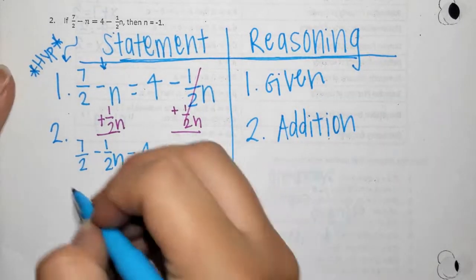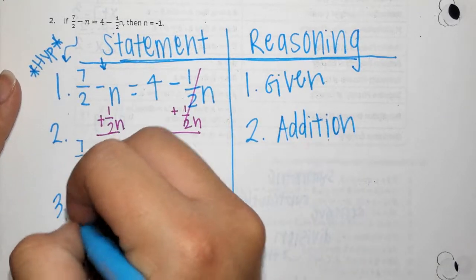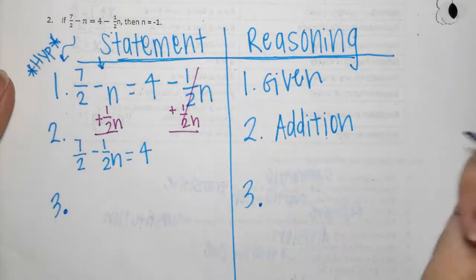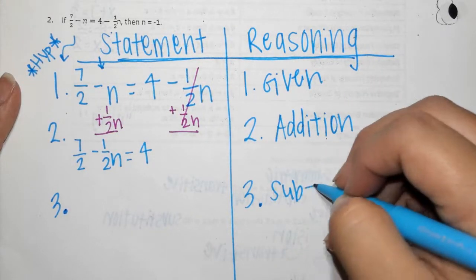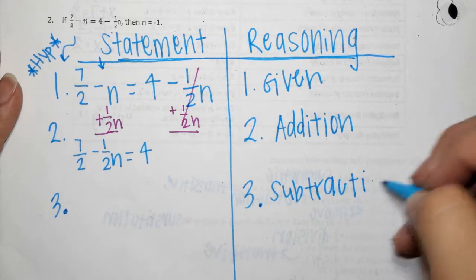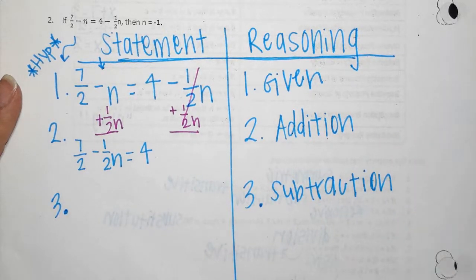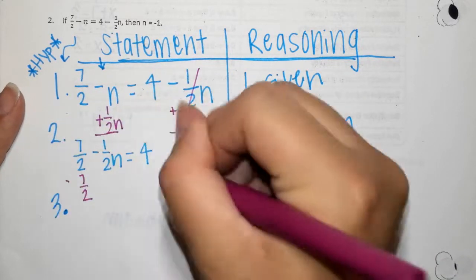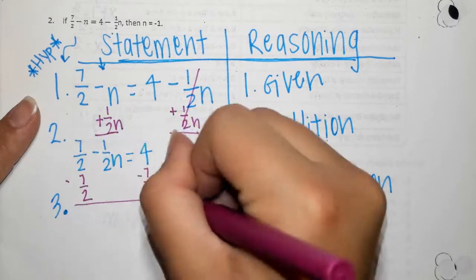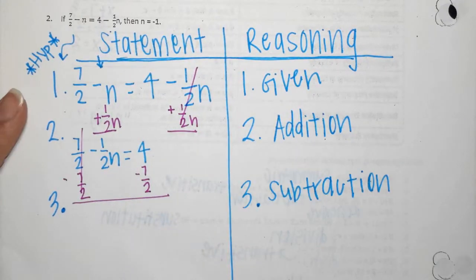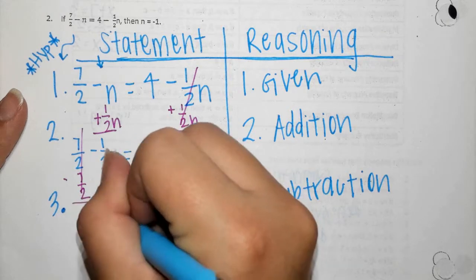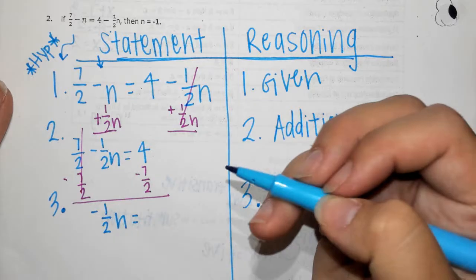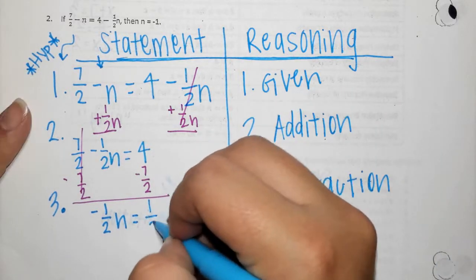Okay, step 3. I need to get 7/2 to the other side. What do we need to do? Subtract. So subtract 7/2. Isn't that 3.5? 7/2 is 3.5. So you have -1/2 n equals 4 minus 3.5, which is 1/2.